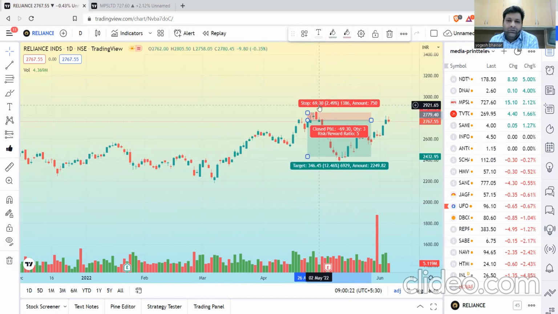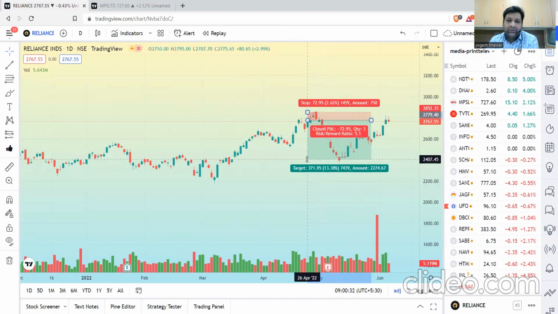So that means you are losing again 69 rupees. Let me make it a little bit of a round figure, maybe 73 rupees. Then this is 4.5, let me make this 5. Yeah. So at the risk of 73 rupees, you're earning 372 rupees. That is 5 times what you were ready to lose.